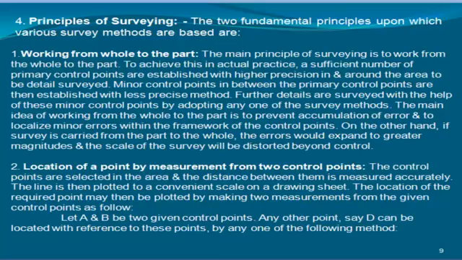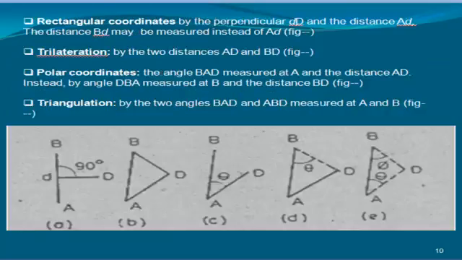Now these points, also known as reference points, can be represented on paper, and the other point, say D, can be located by the following methods. Let A and B be the two given control points, and another point D can be located with the reference points by any one of the following methods. First, rectangular coordinates.